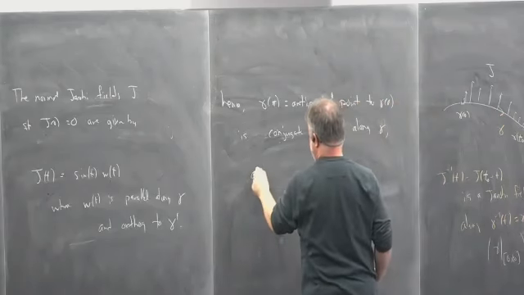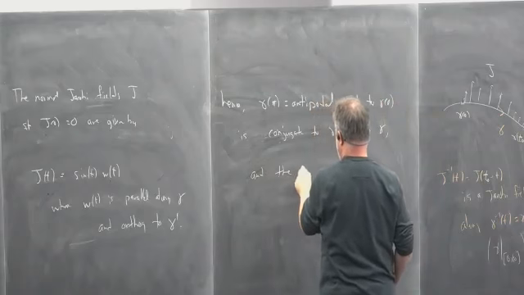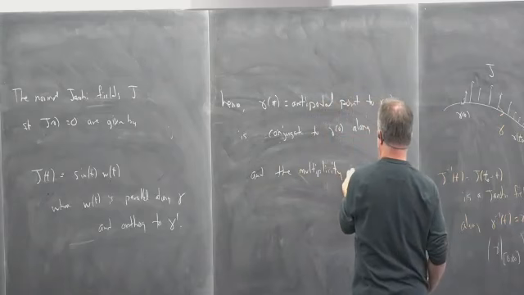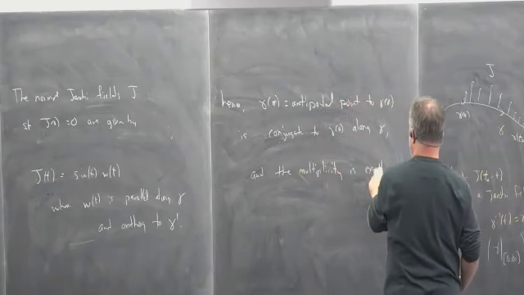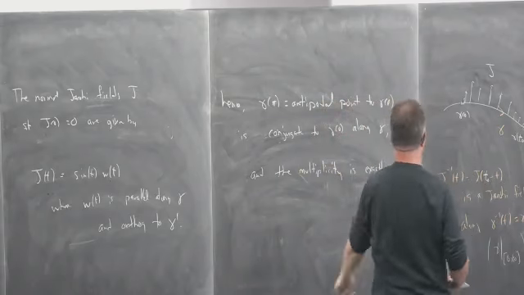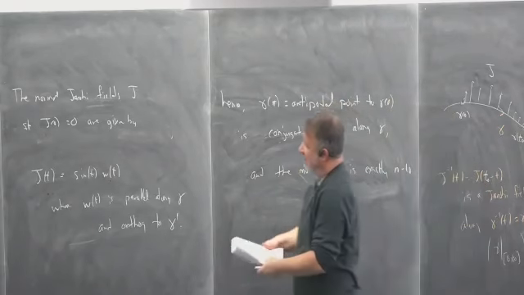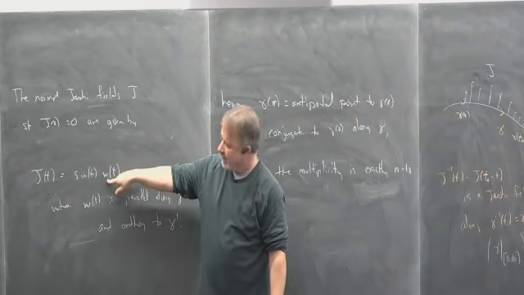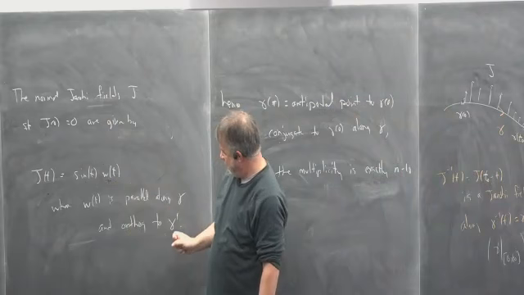And the multiplicity in this case is exactly n minus 1, which is the most that it could be by that remark that we had a little earlier. And that's because there is exactly an n minus 1 dimensional space of vectors orthogonal to gamma prime of 0.